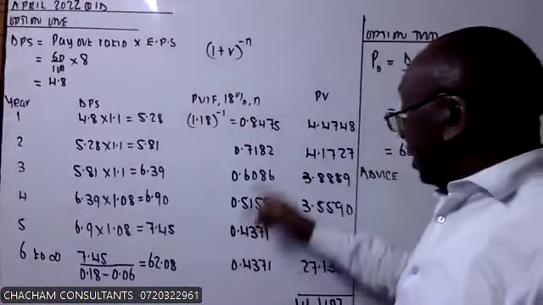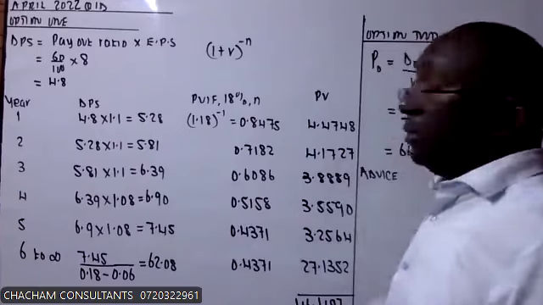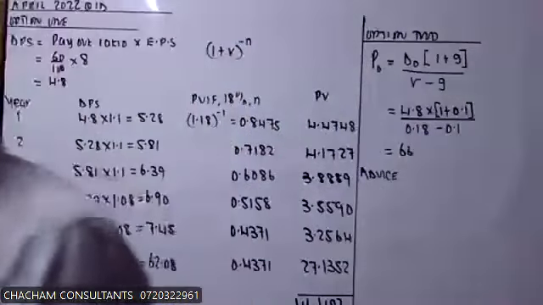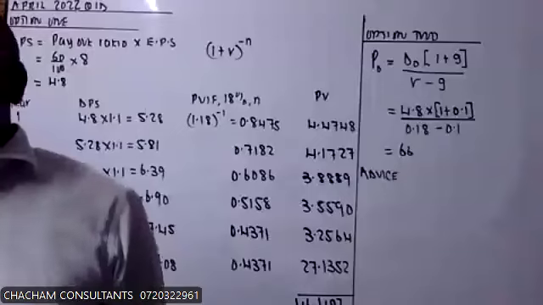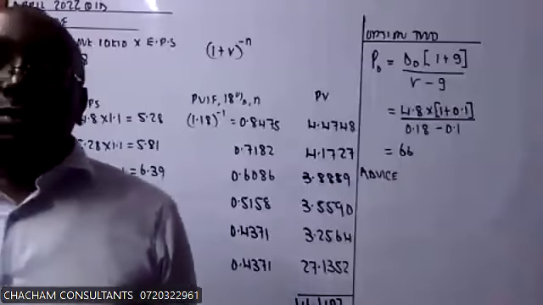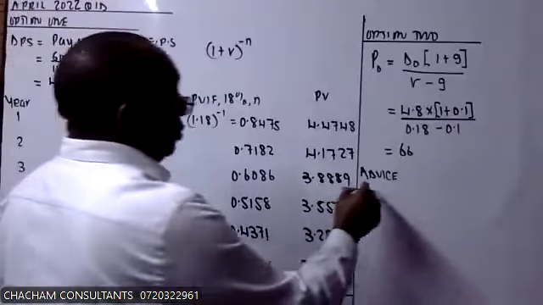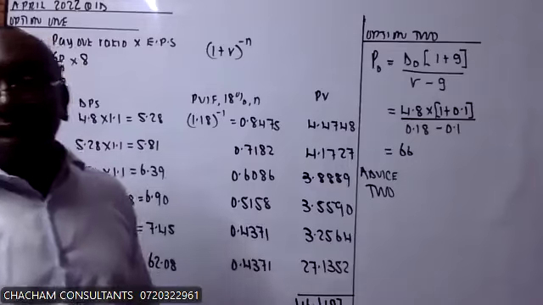You invest in A, you get 46. You invest in the second way, you get 66. Where do you invest? Yeah, in 2. So the advice is that they should go for option 2 because it has a higher value.